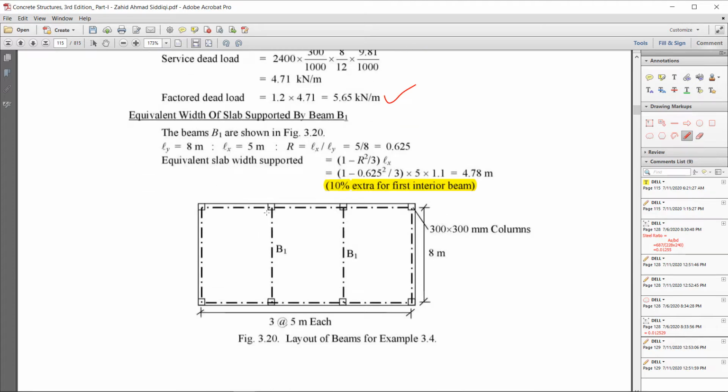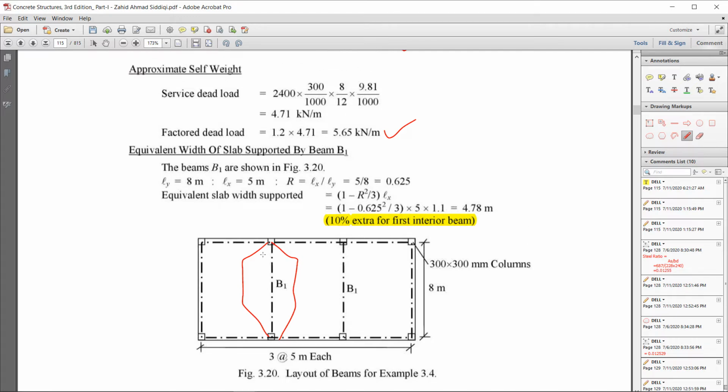To get the equivalent width for this beam, for the long beam, the formula is 1 minus r square by 3 into Lx. Lx is the shorter dimension, Ly is the longer dimension.